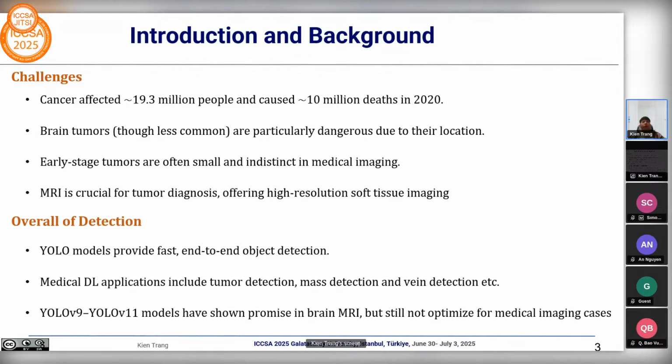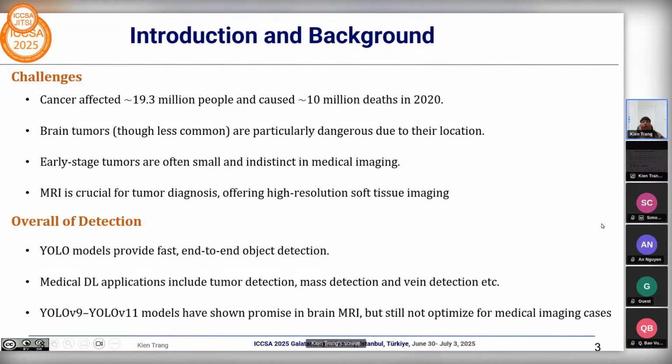For automated detection, we have deep learning techniques, particularly CNNs, which have revolutionized medical imaging by automating visual analysis. The YOLO architecture stands out for its speed and accuracy. Besides, the use of these models is also favorable for medical applications such as tumor detection, mass detection, and so on.